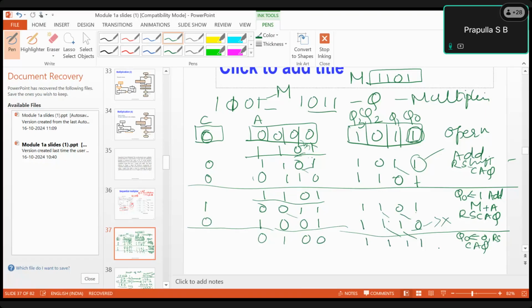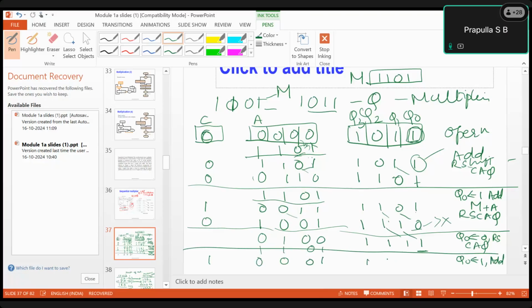Now again I have to check my Q0 bit. It is 1. If it is 1, what should I do? Because Q0 is 1, I have to add the contents of M, 1101, to the register contents. When I add, I'll get 10010 and a carry of 1.